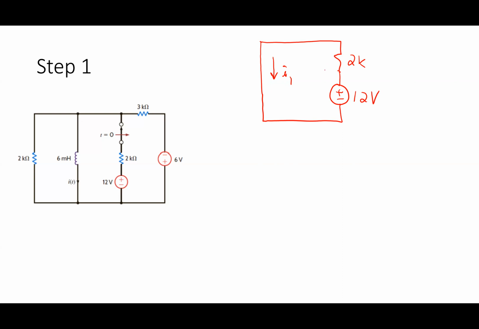I could do KVL and I'd say, here's my plus minus on that resistor like that. And I would see that I1 is equal to what here? What would my I1 be? Well, it'd be, yeah, 12 divided by 2000. Which I don't even really care what that number is. You're right, it does become 6 milliamps, but I'm just gonna say it's 12 divided by 2000.